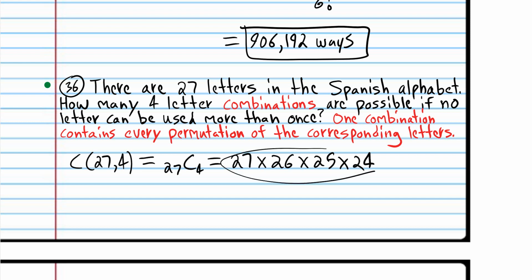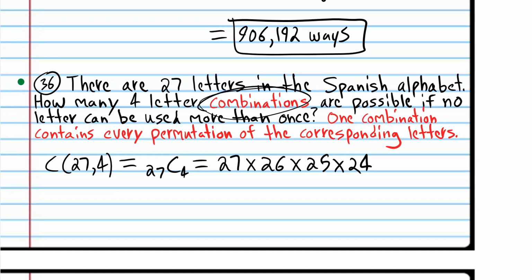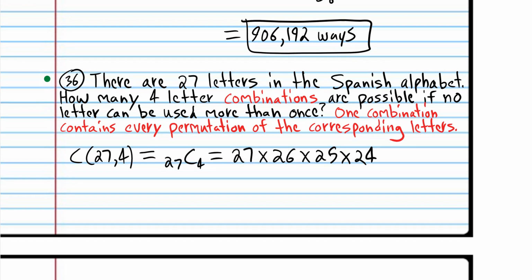But this counts the number of permutations. We don't care about the permutations. It says how many combinations. It doesn't ask how many permutations. It asks combinations. So for each group, there's 4 factorial different permutations. So we're going to divide that out.